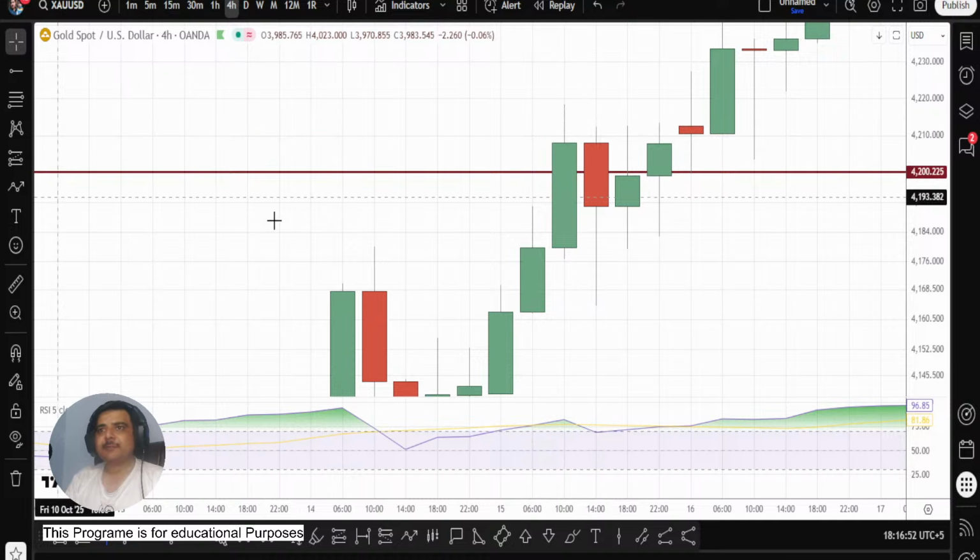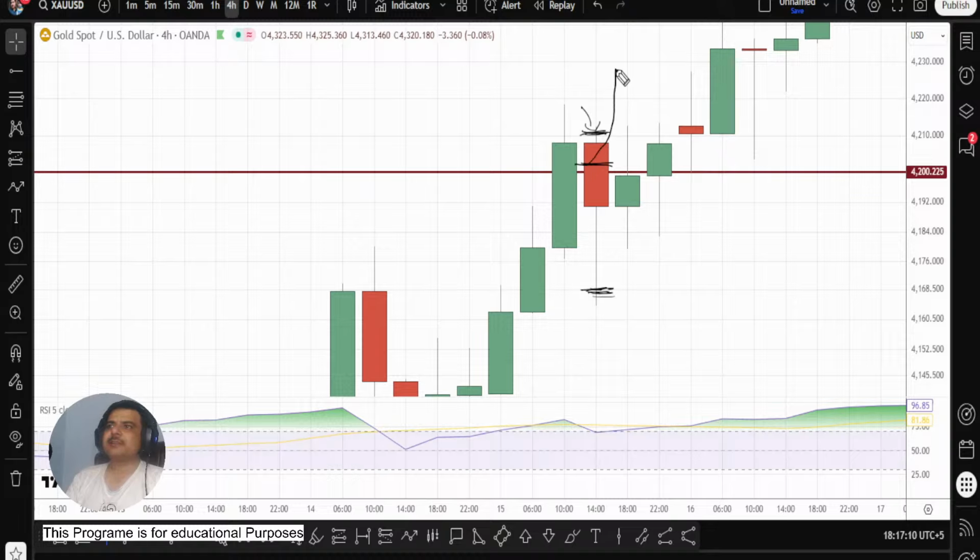But what happened afterward? The next H4 candle opened and came back down all the way till here, my friends. When this candle opened, obviously most of the traders must have bought right here.